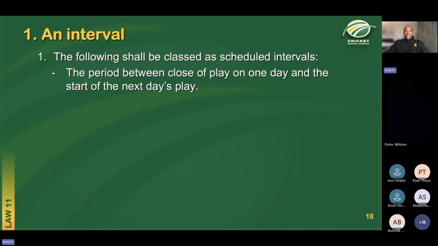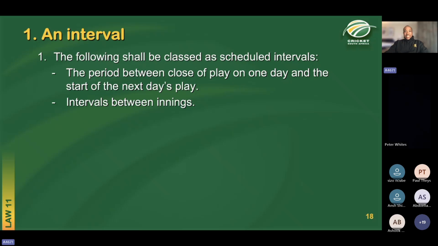First one is the period between the close of play on one day and the start of play the next day. That is considered an interval. So the time between stumps on day one and the call of play on the morning of day two is an interval. Interval between innings, we all know about.